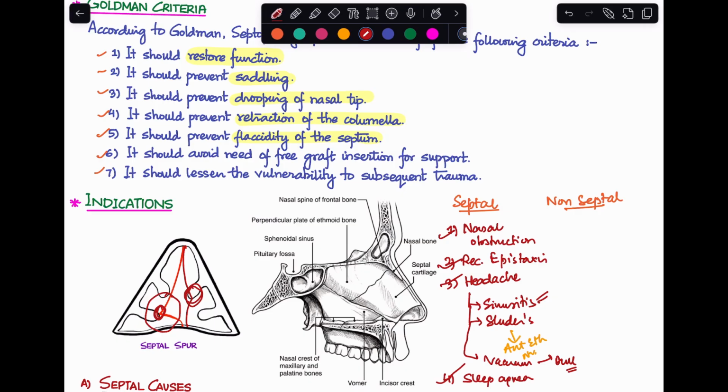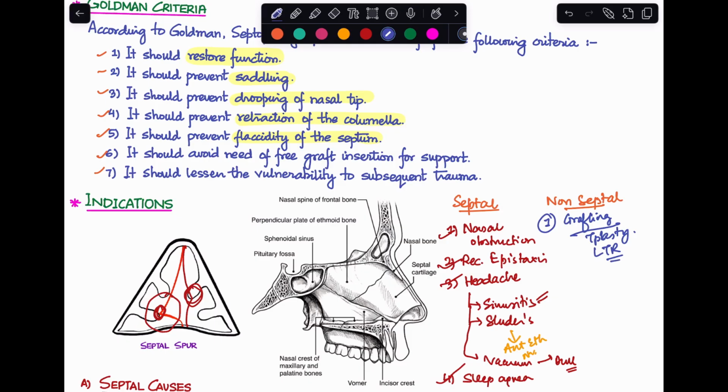Now, there are not only septal causes for performing septoplasty, there can be some non-septal causes as well. What do we mean by that? For example, number one would be, say, if we had to harvest a cartilage graft for any other surgery, for example, the common surgery that we do is usually a tympanoplasty, or say we are going to perform a septorhinoplasty or laryngotracheal reconstruction.